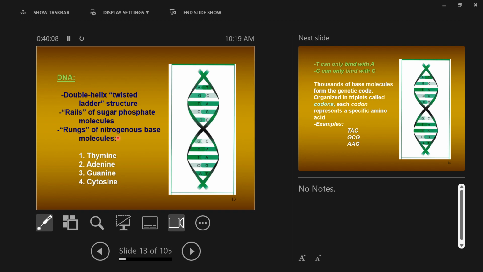So they're molecules built on nitrogen, where the rails are molecules built on sugar and phosphorus. The rails are the outside strip, what's running up and down on the screen there. Okay, the next thing is the rungs of the ladder.